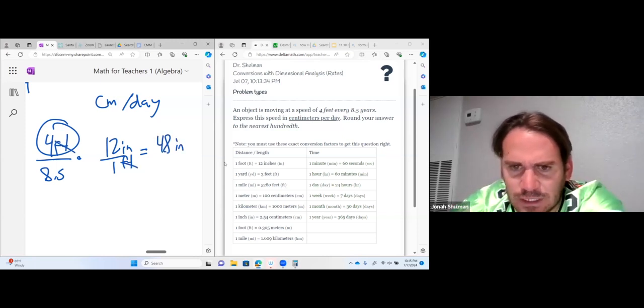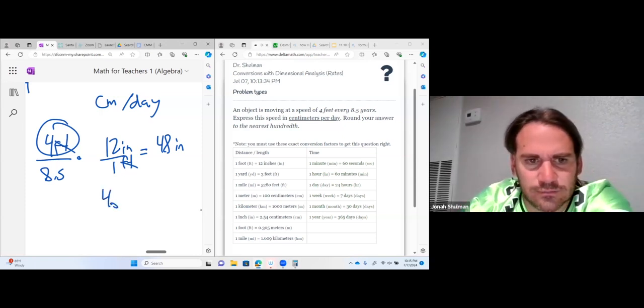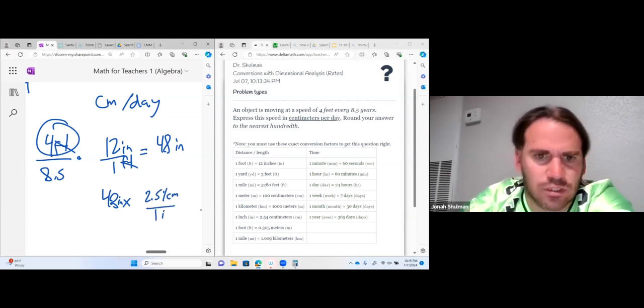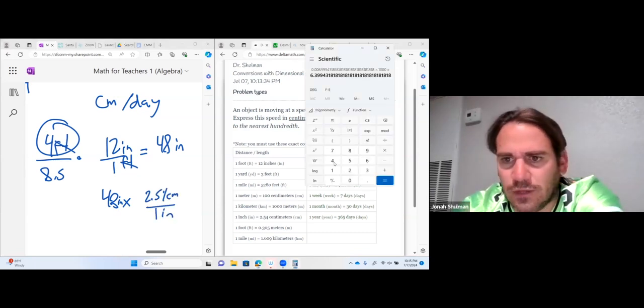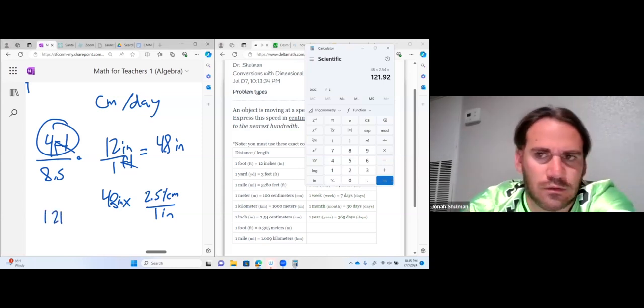And if I want inches to centimeters, that's 2.54 centimeters over 1 inch. So all we have to do is multiply 48 times 2.54. So we're left with 121.92. So there's our centimeters.